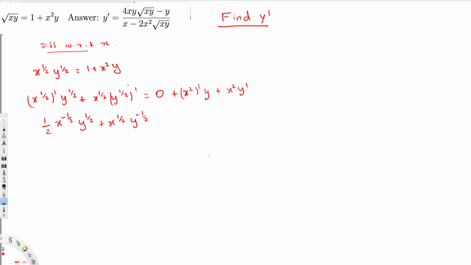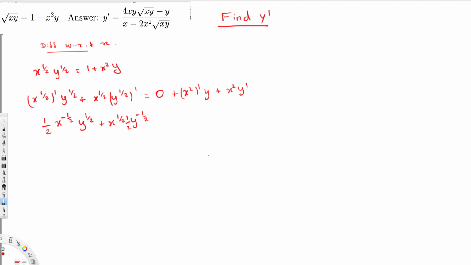But since we are differentiating with respect to x, whenever we have y, we have to use the chain rule. So it's going to be half y to the power minus half. Then we have to find the y prime alone.